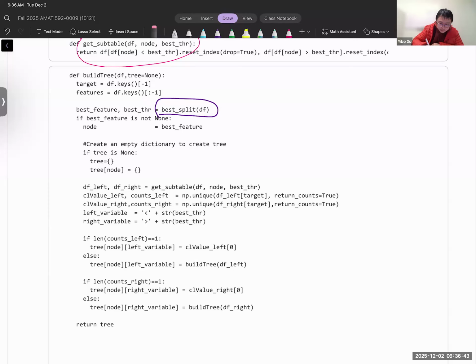The root is associated to the lowest average Gini impurity. So that's that part.